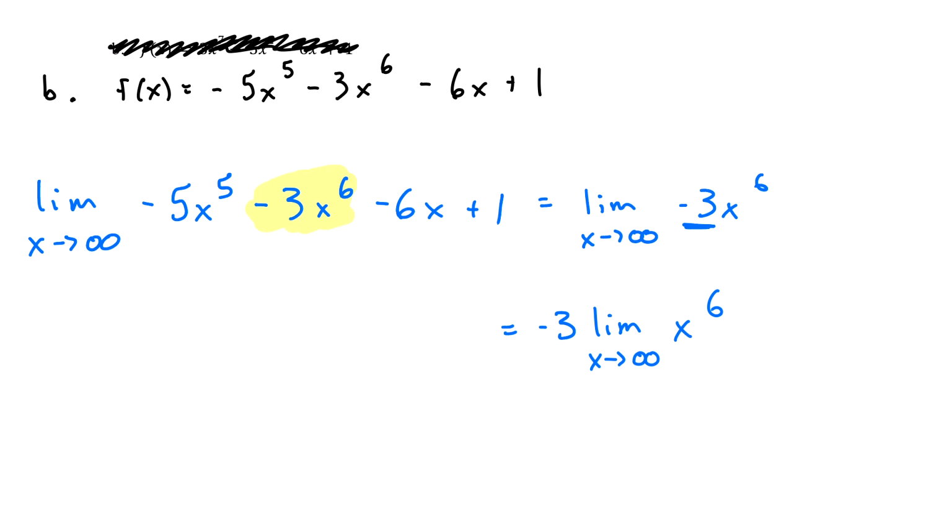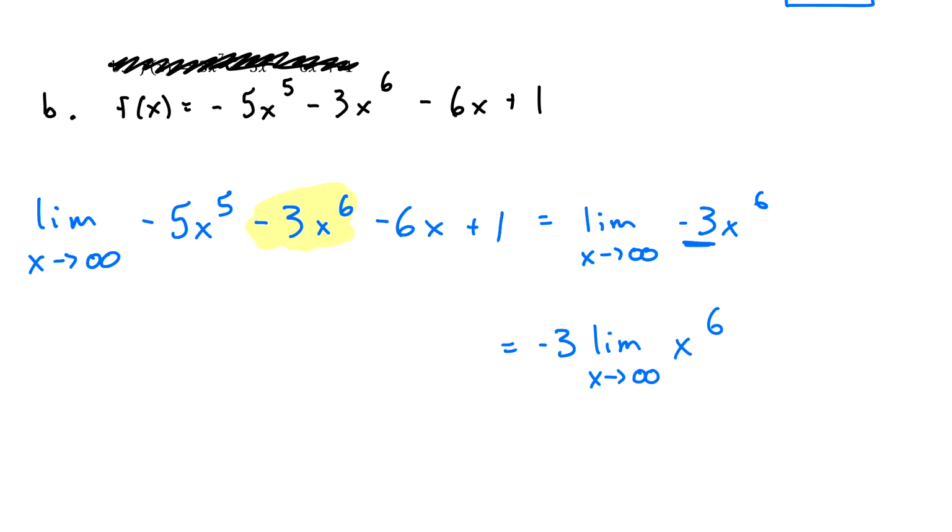An even power is going to have the same end behavior as x squared. If I was to look at the graph of x to the 6th and the graph of x squared, the end behavior, what it does on the right side and the left side, is going to be really, really similar. So I can kind of use that as a substitute here.